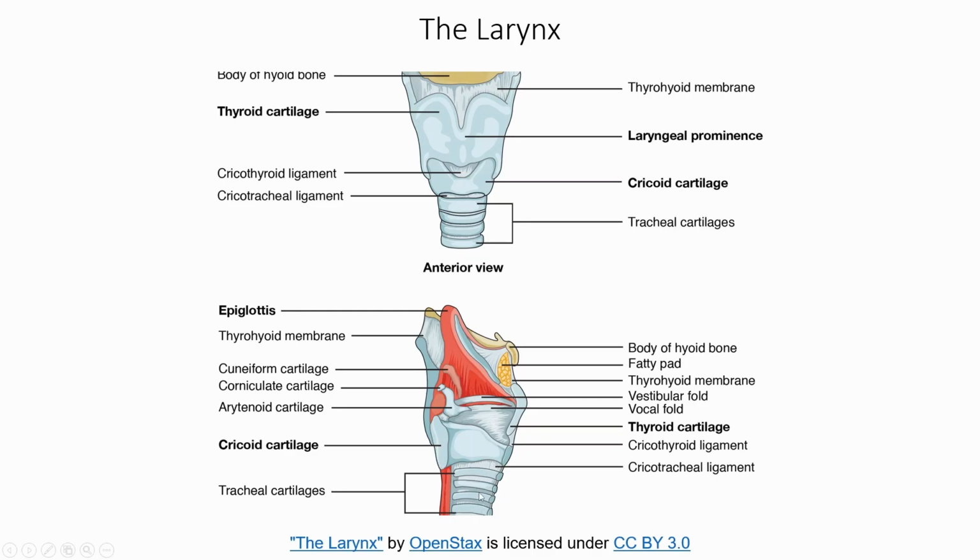We see a part of the tracheal cartilages. But the big thing is seeing those vocal folds, right? Those vocal folds that are going to allow you to speak. In the back here that we couldn't see before, we also have a few other cartilages, the cuneiform, the corniculate, and the arytenoid. Those ones, I don't have a trick for remembering them, unfortunately.